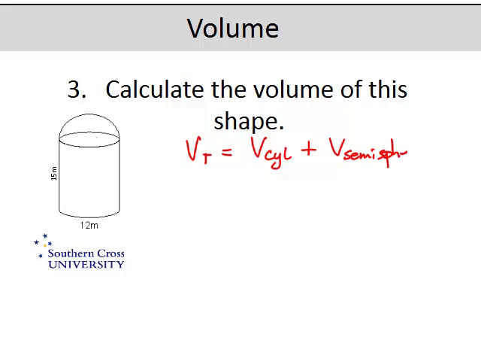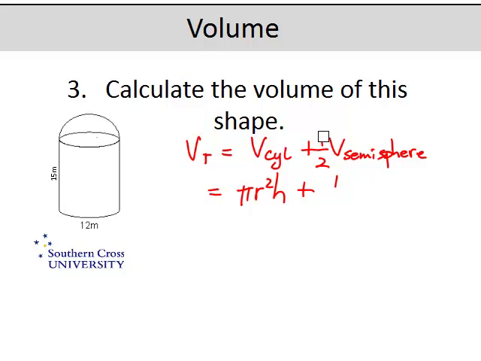So we know that the volume of a cylinder is pi r squared h. It's a prism, so this first bit is A times h, plus the volume of this semi-sphere. Well, we needed a half here because it's half.